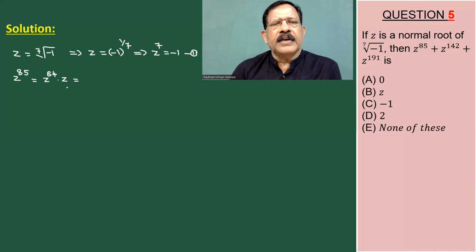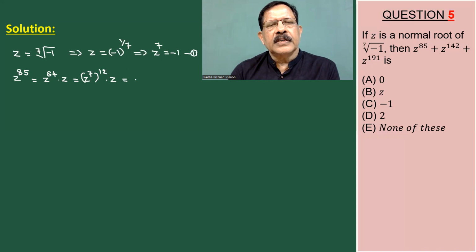So Z raised to 84 is Z raised to 7, the whole raised to 12, into Z. Z raised to 7 is minus 1. So minus 1 raised to 12 into Z, which is equal to Z.